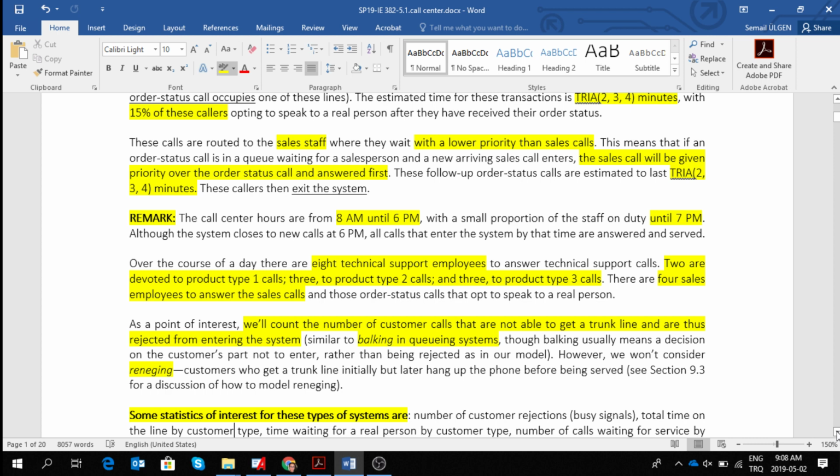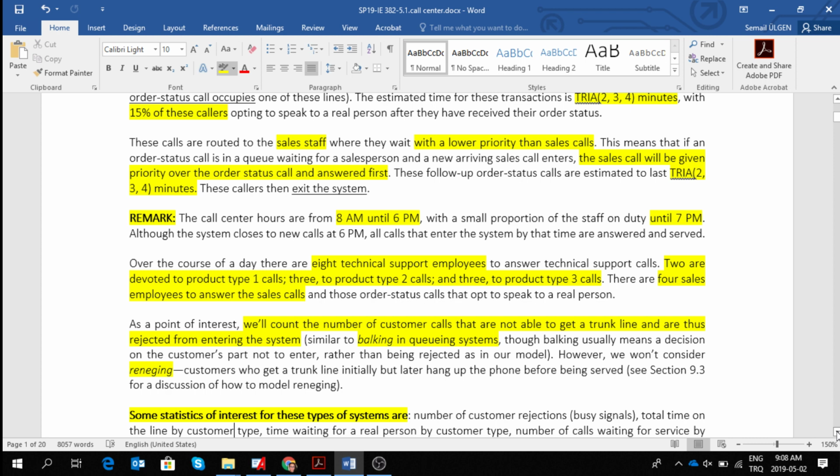But in our model, it's not balking. In our model, if the caller does not get an available trunk line, they are rejected from the system. They will not even be able to enter the system.